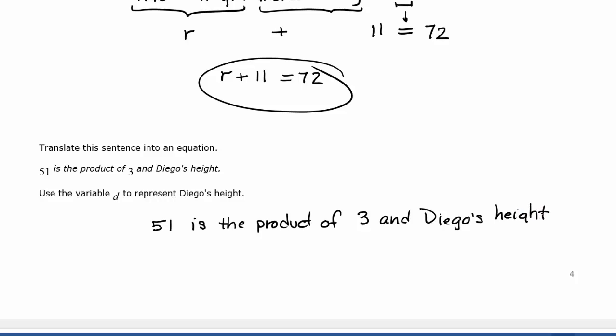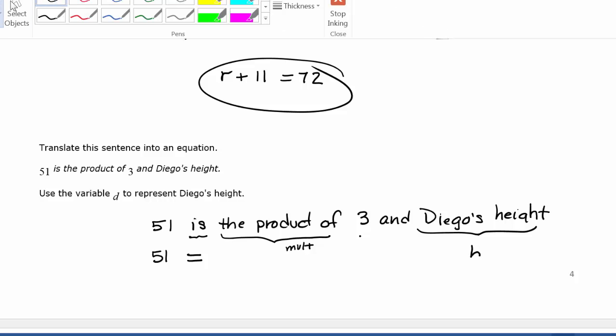Again, let's see what we know. Right? We have 51 is, again, translates to the mathematical symbol equals. The product. So what is the product of? Right? The product means multiplication, right? And what are we multiplying? We're multiplying 3 and Diego's height, which is, they told us to use d for Diego's height.